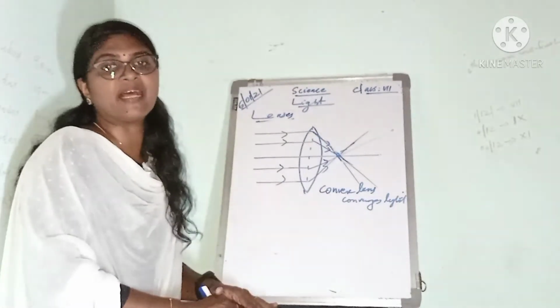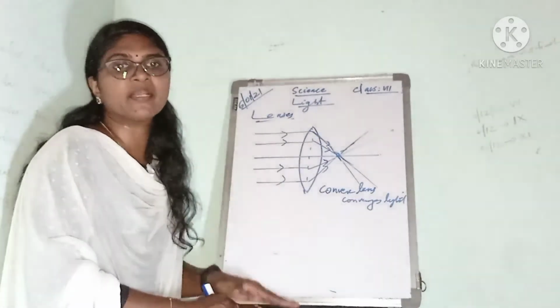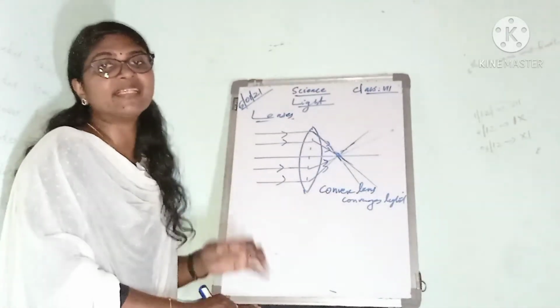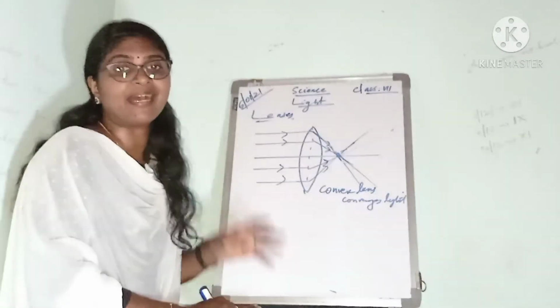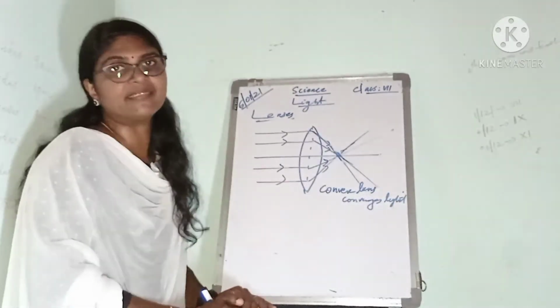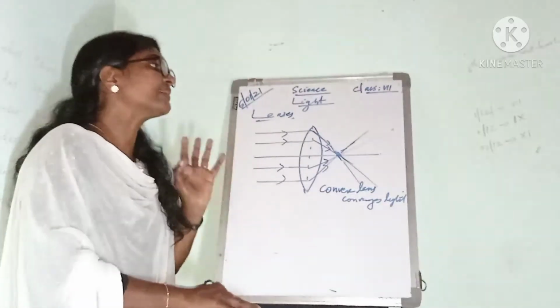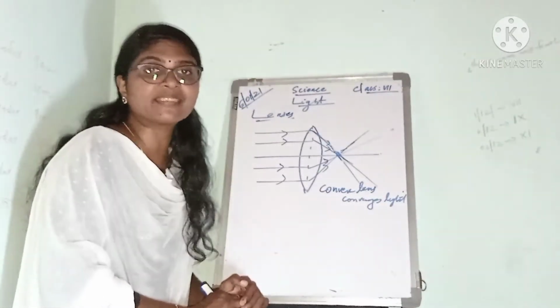It is a magnifying lens because it enlarges the letters. These are the uses of the convex lens.